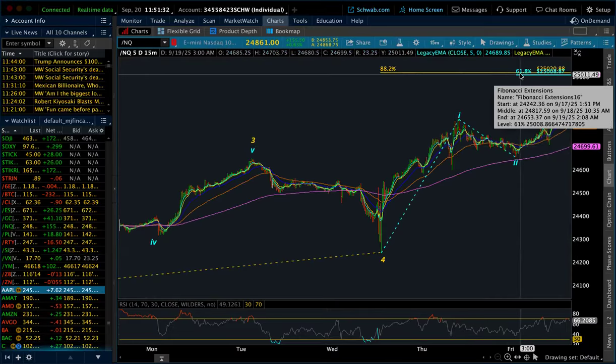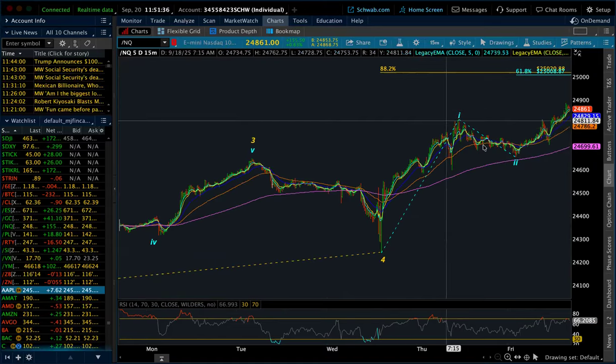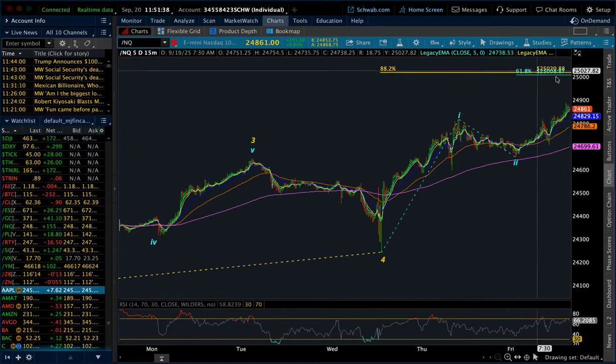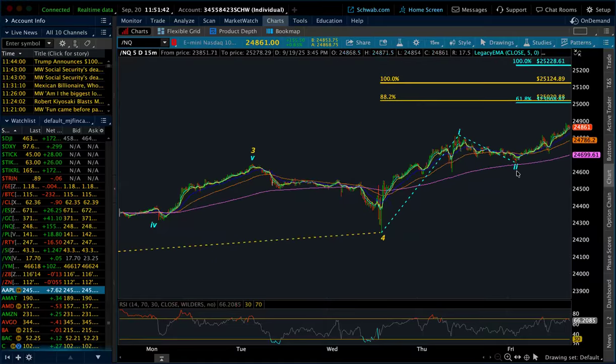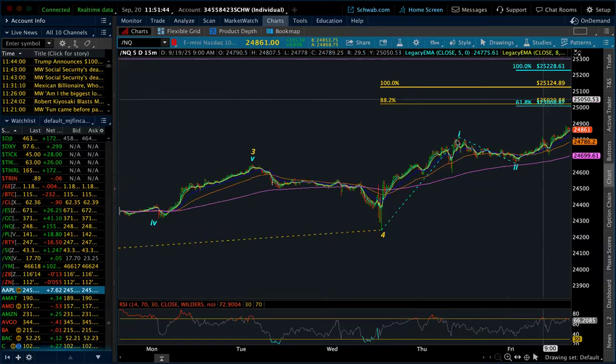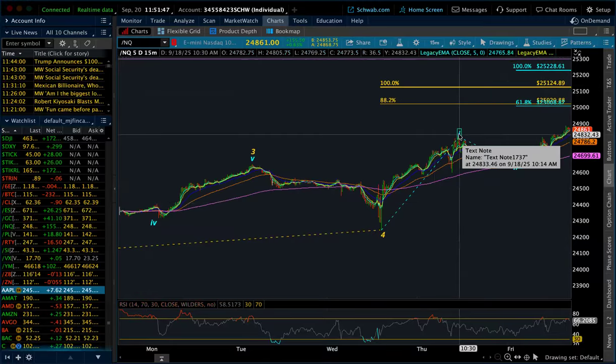Not necessarily. What we might have to do is bring this down if that's the case, because what we're really looking for here, folks, is the 100%, wave 3 being 100% of wave 1. If it's not, and it comes in under, there's a lot of pressure on wave 5, a lot of pressure on this count. Because what is the rule that I do not break?